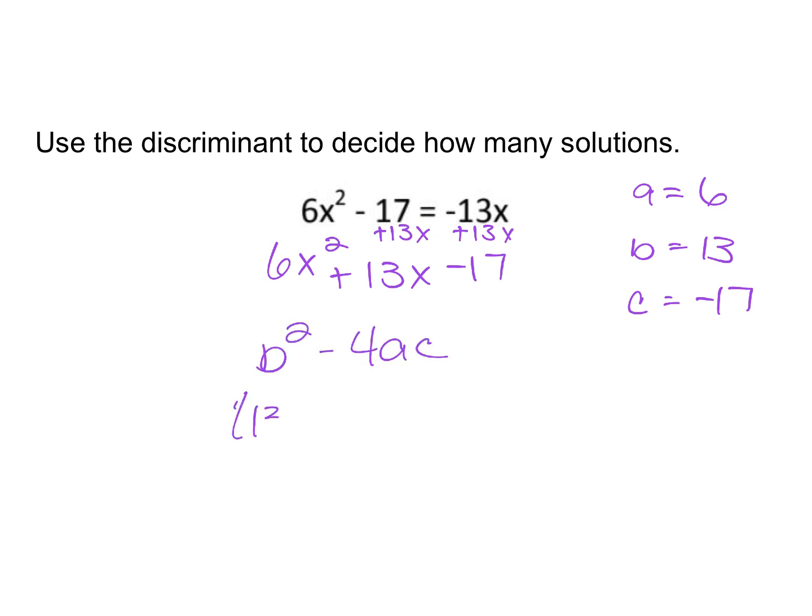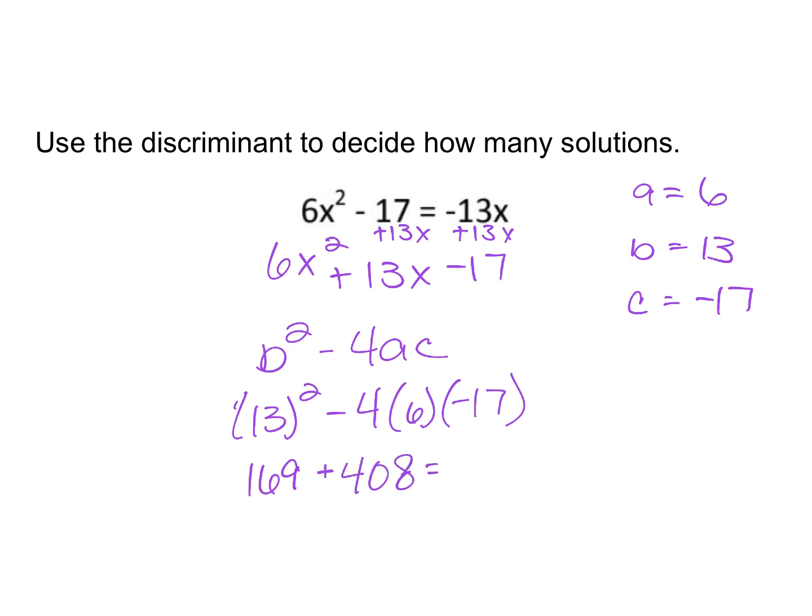So we would have 13 squared minus 4 times 6 times negative 17. So 13 squared is 169 minus, actually it's going to end up being plus because of that 17. So 17 times 6 times 4 would be plus 408.